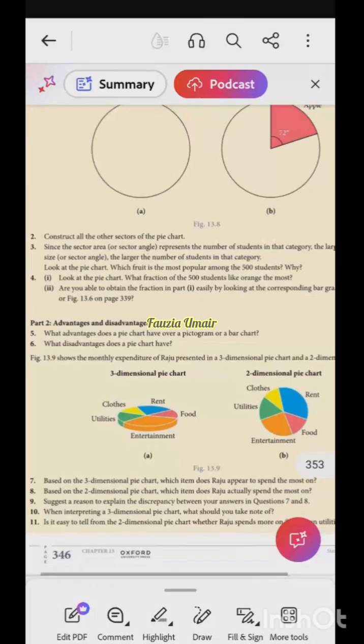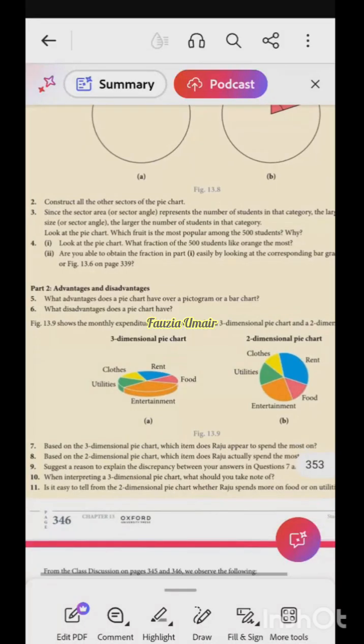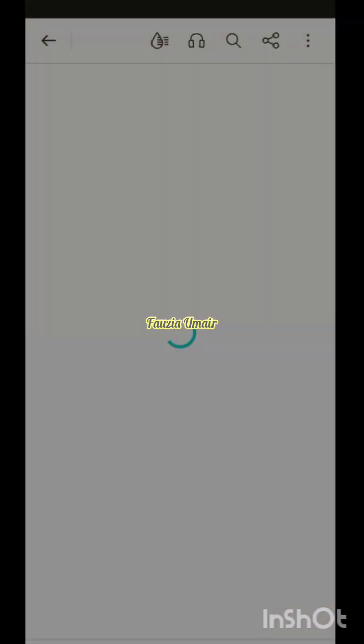So, but what is the disadvantage? Can you think of a disadvantage of this? The disadvantage is, if there are so many sectors, like for example, just now we had only 5 fruits.